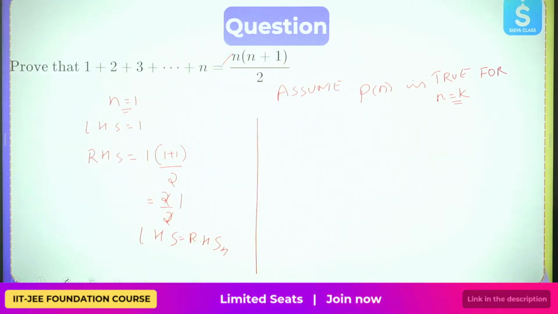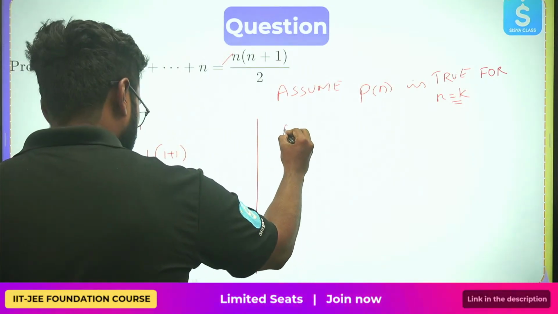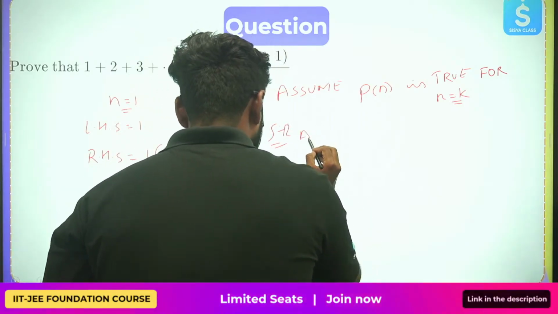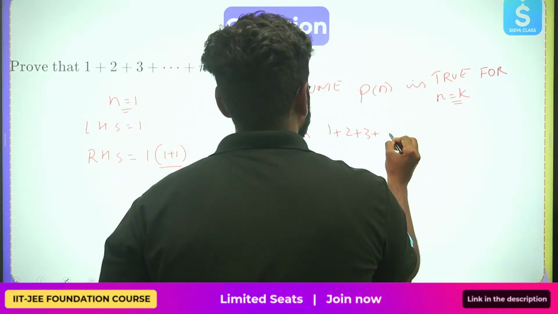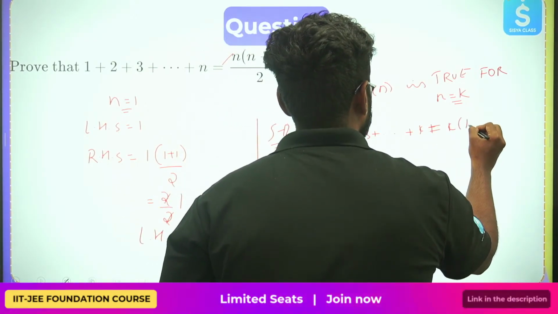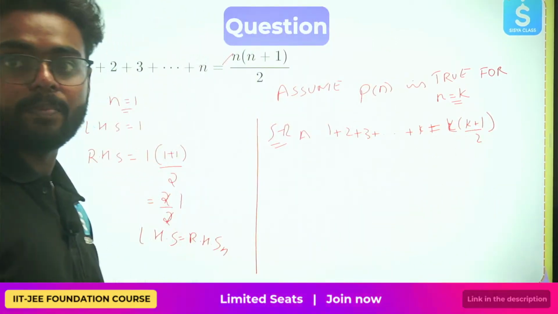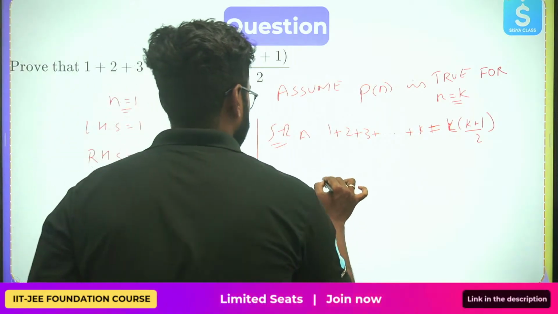If we are considering P(n) true for n equals k, then let me write: assume 1 plus 2 plus 3 plus so on plus k is equal to k into k plus 1 by 2. Now, the next step is adding k plus 1 on both sides. Let's add k plus 1 on both sides.